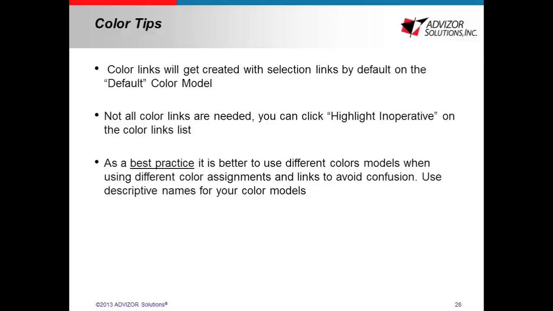So it's for really advanced users or some of the more complex projects where you want to create specific color links. As a general recommendation, you can create your color links by default with your selection links. When you go through the wizard, it will show you an option to create a color link along with the selection link.